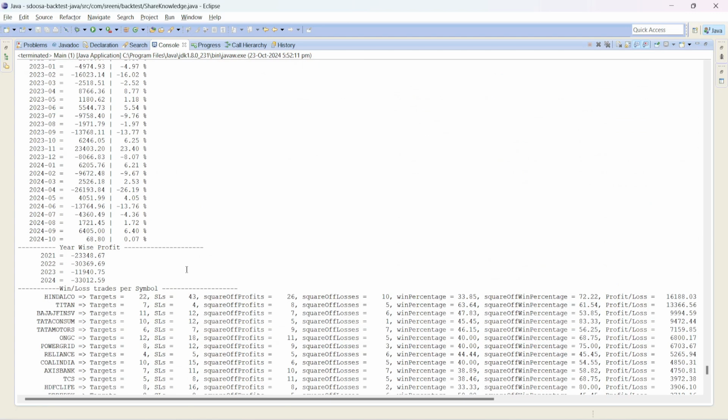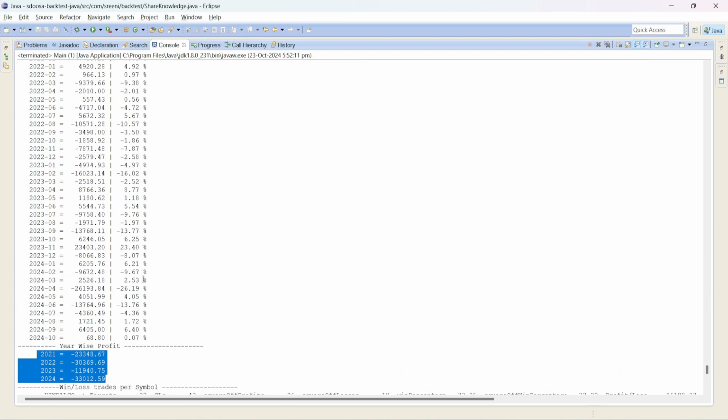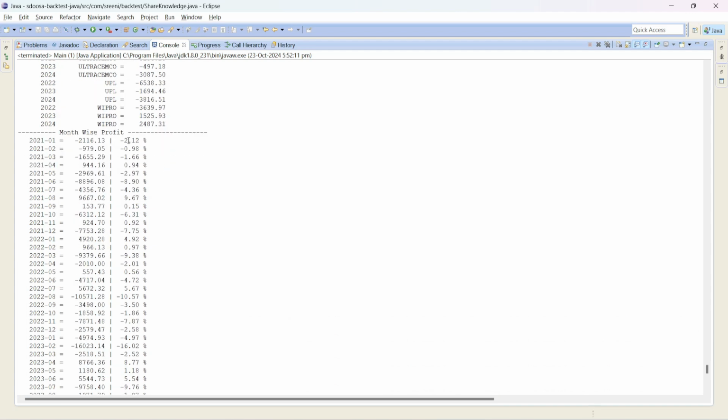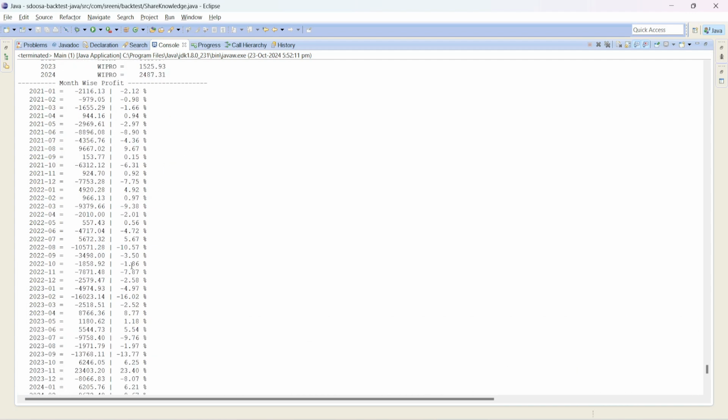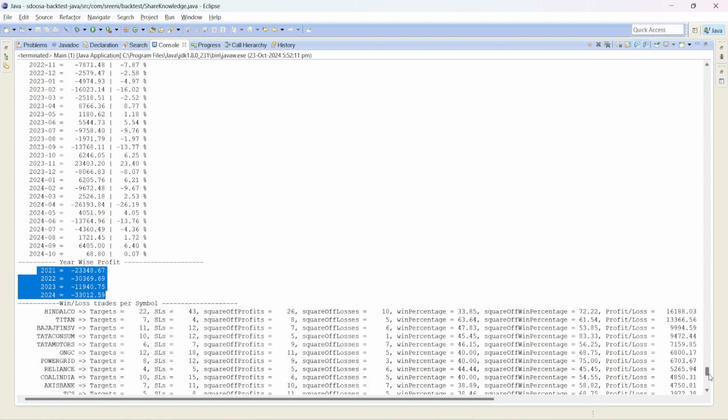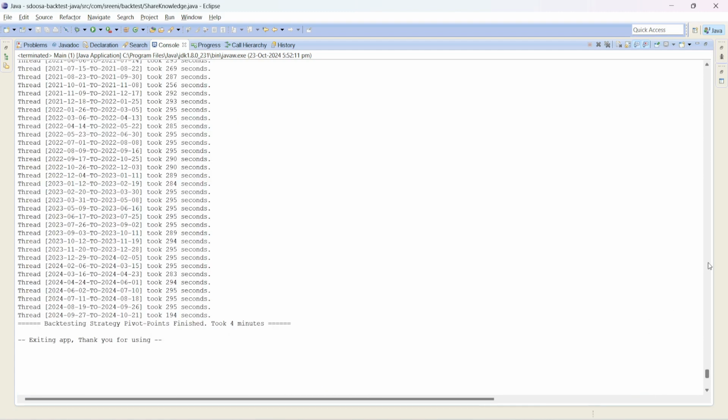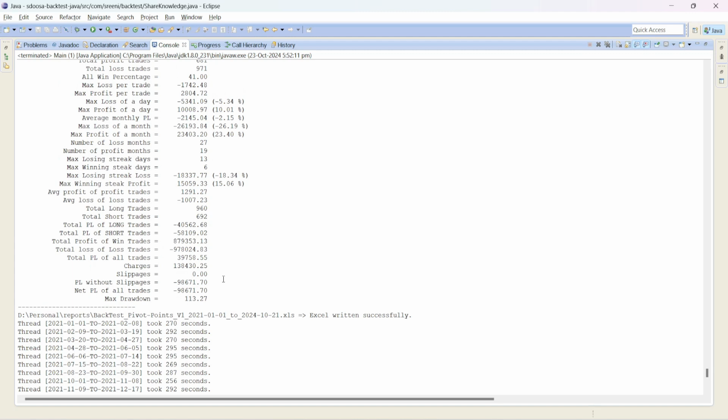Okay. So if you look at the year-wise results, almost every year is a loss, and month-wise, some months are profit. But again, if you look at the overall picture, without charges and slippages, the strategy gives somewhat 40% over the 4 years, which is very low.